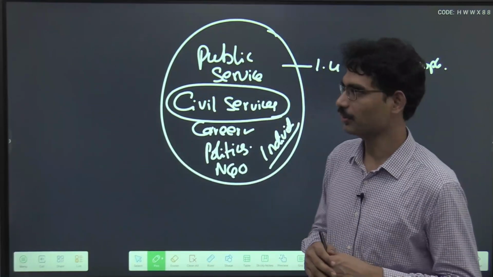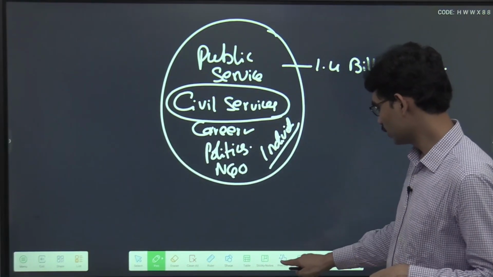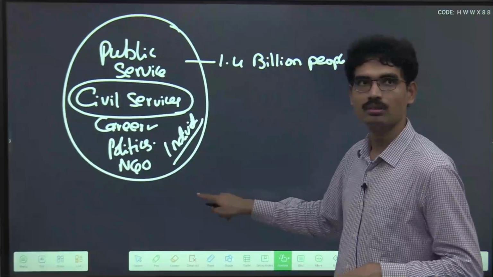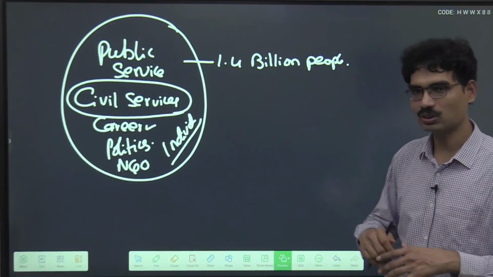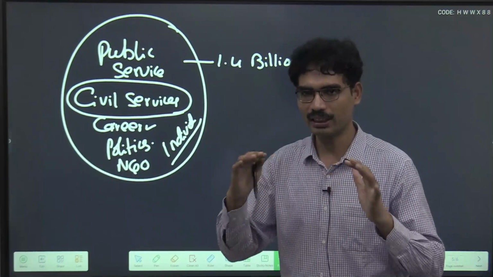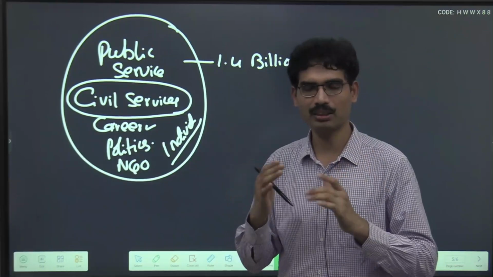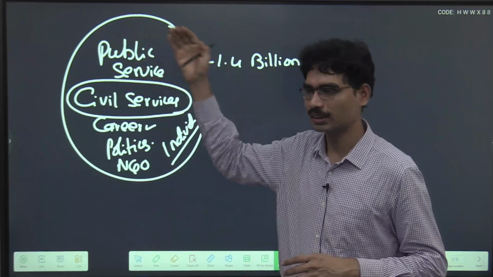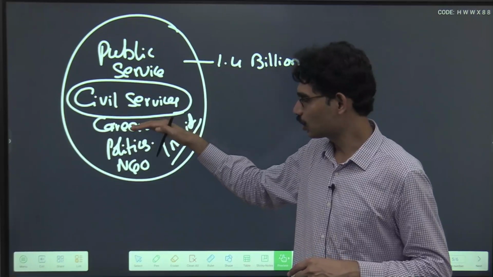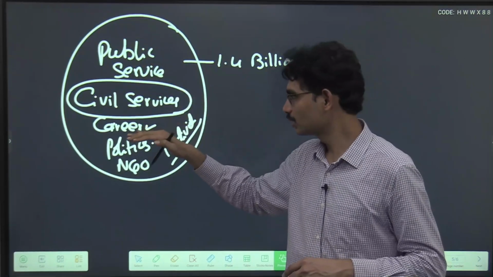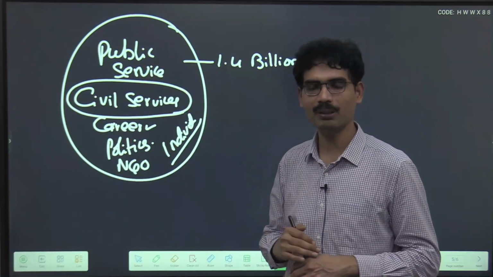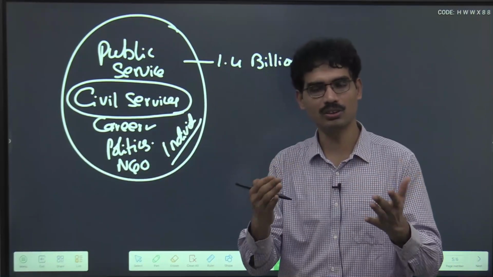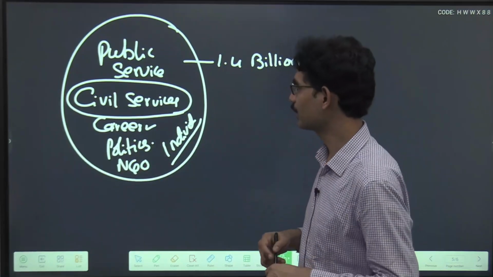So public service overall will include service to the entire humanity, or in the case of India, service to the public of India. Through civil service we can serve the public, through politics you can serve the public, through NGOs you can serve the public. And if not being part of any of these, as an individual also we can serve the public.